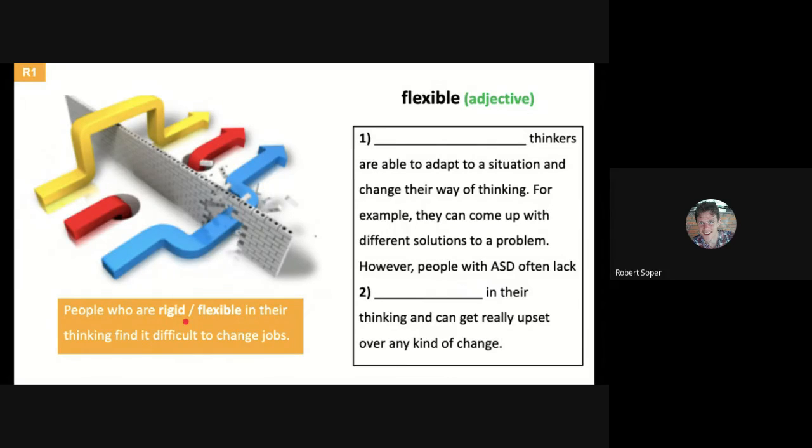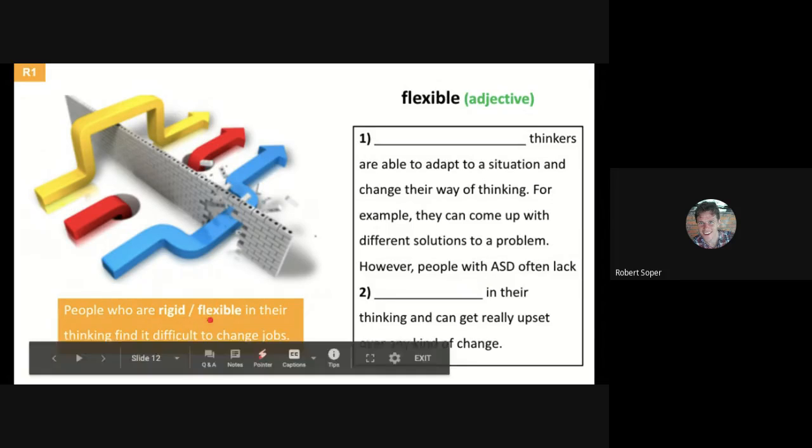So if you're flexible, it wouldn't make sense that you would find it difficult to change jobs, because why would you find it difficult if you're able to change and adapt to situations? So flexible would be the wrong answer here, and the correct answer would be rigid.